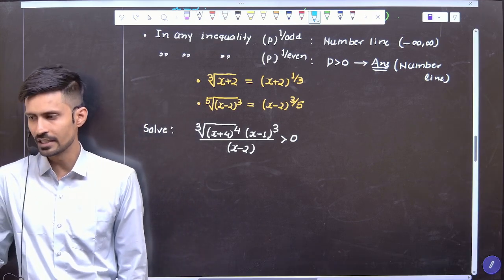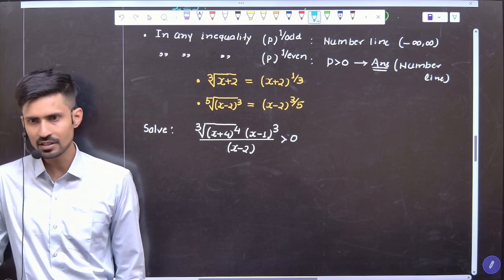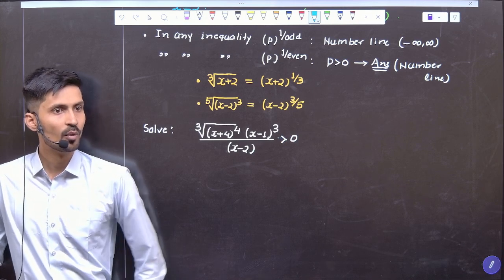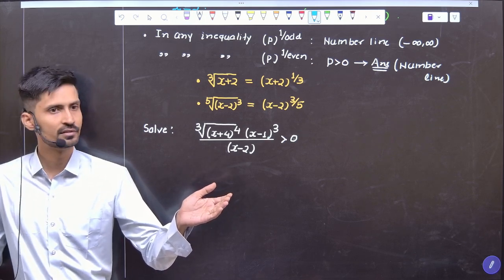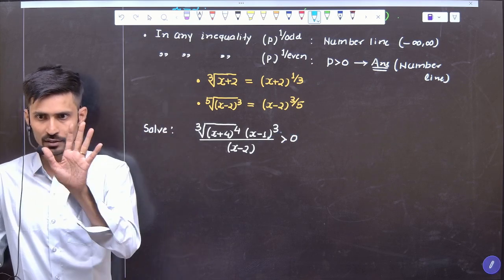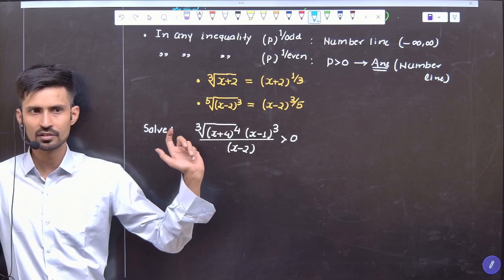See here. First of all, I have to solve this inequation, yes or no? What is the first step? One side should be 0. So tell me, is one side 0 or not? Second step, the other side should also look like 1 fraction. Is it looking like one? Very good.